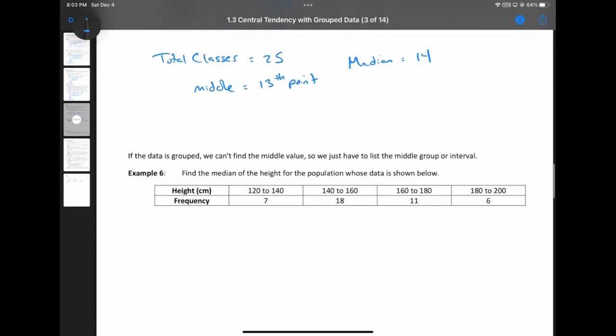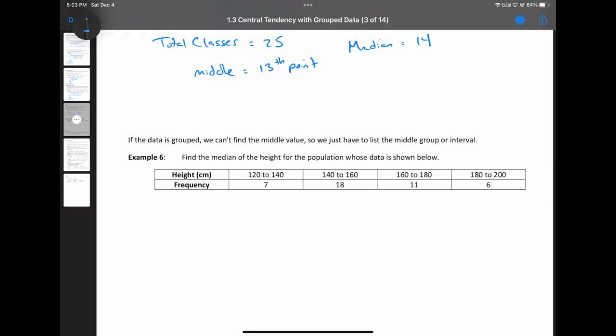So for us, in this case, the total frequency: we have 7 plus 18 is 25, plus 11 is 36, plus 6 is 42. So if there's 42 data points, there's no central one.